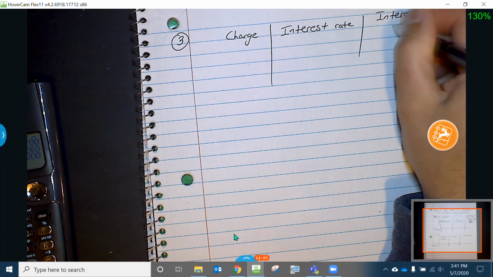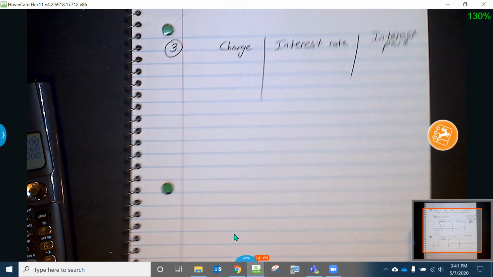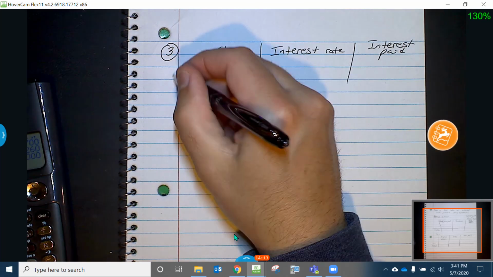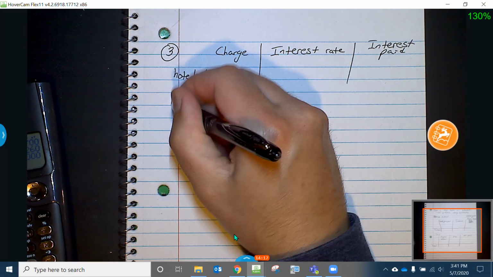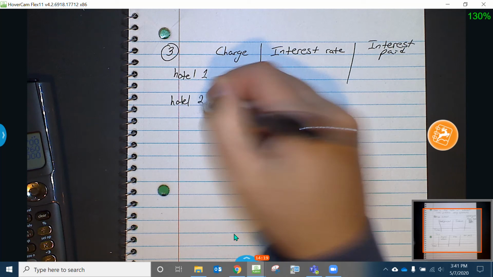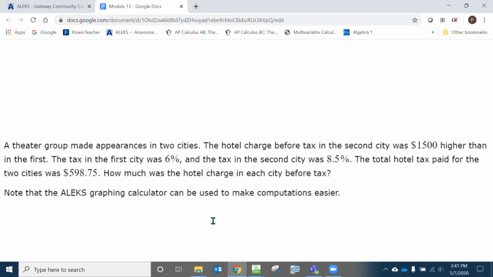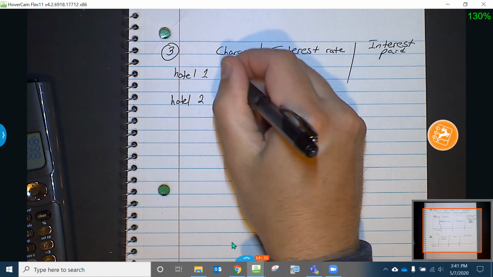Usually we add the interest paid to the charge and just figure out the whole charge. Okay, so we have 2 cities. We have Hotel 1 and we have Hotel 2. Hotel in City 1, Hotel in City 2. Okay, they want to know how much did the hotel charge in each city before tax. So under the charge, we're putting x and y.